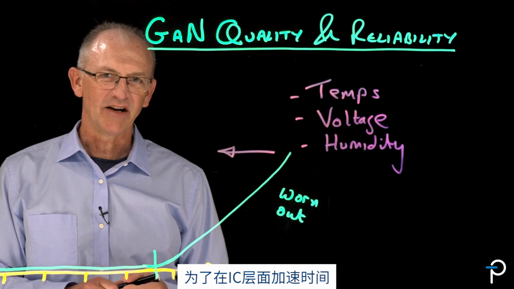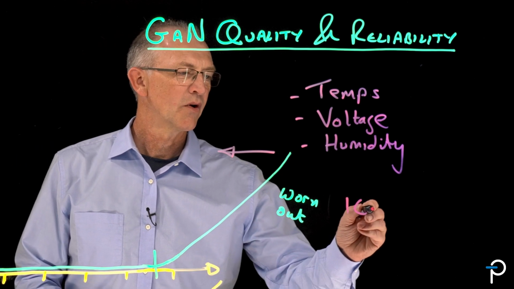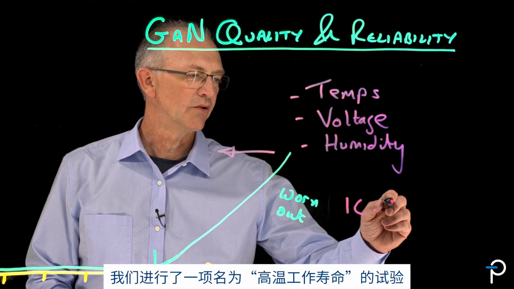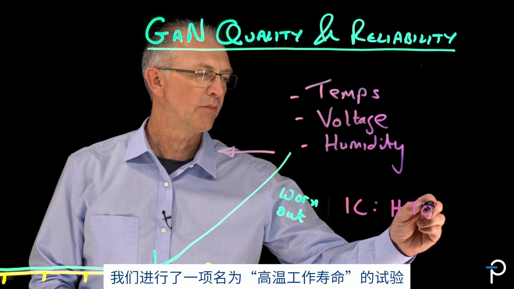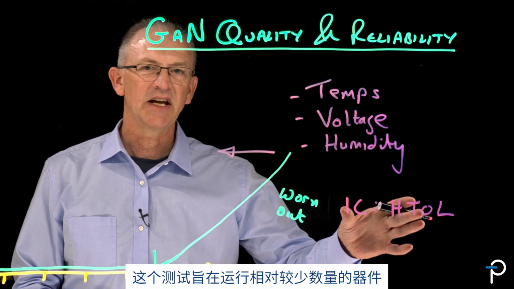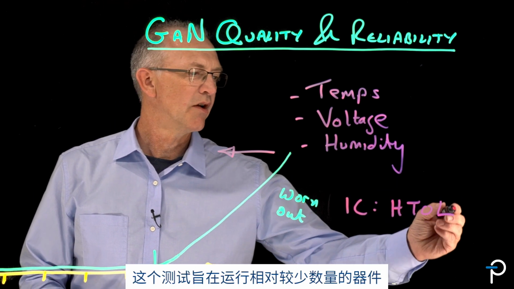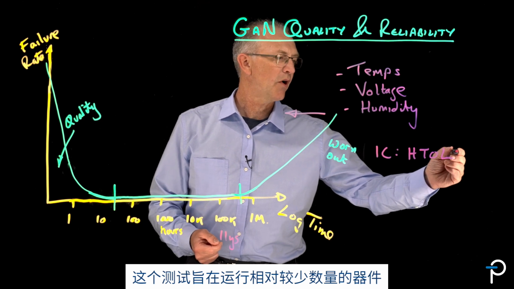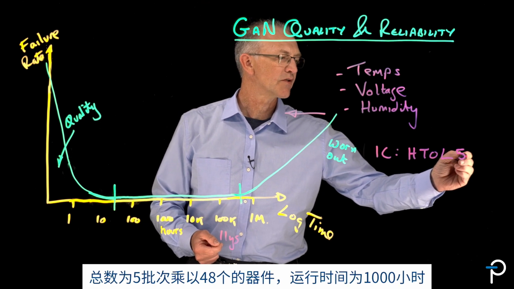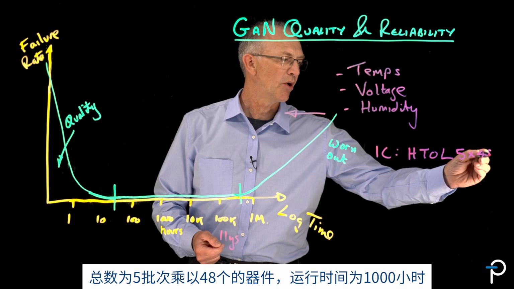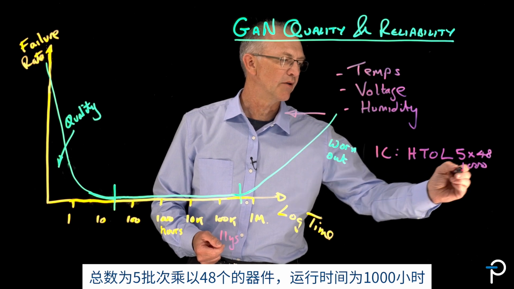So to accelerate time at the IC level, we run a test called high temperature op life. And this test is designed to run a relatively small number of parts, but 5 lots times 48 parts for 1,000 hours.